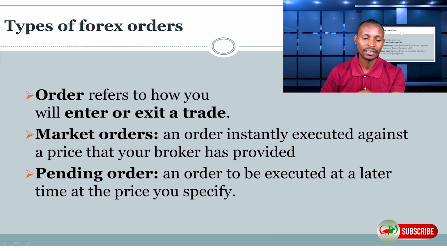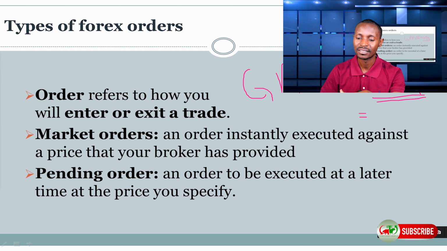Let's say you want to buy a currency pair, for this example GBP/USD, and the broker is providing you to buy it at 1.0234. But you see that this price which the broker gave you is not very good for you, or you are not comfortable with it.